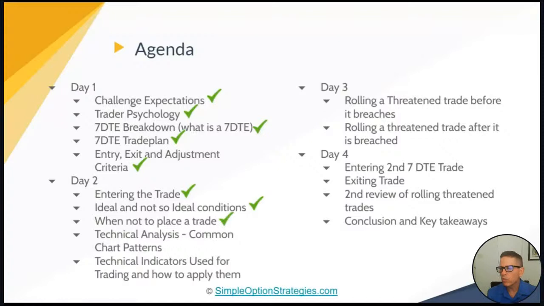When not to place a trade, we talked about that, and that is usually during a Fed meeting or some kind of news event that you want to wait for. They don't happen too often, but those are the kinds of things where you don't want to jump in and put on the trade right away. We also talked about common chart patterns and the technical indicators I use, basically fibs and RSI.